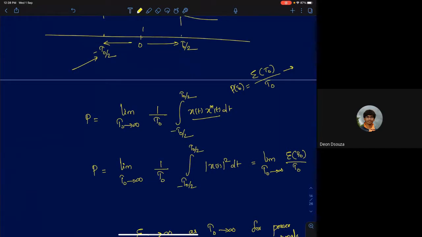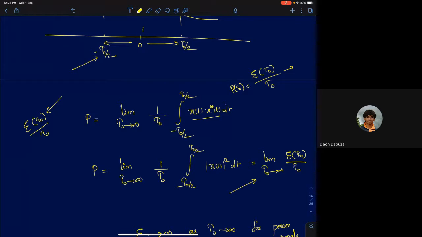Now look at this expression. As T naught tends to infinity, if you want this term E of T naught by T naught to be finite, what should be the nature of E of T naught? Should it depend upon T naught? Of course, it's going to depend on T naught. What kind of dependence should it be?